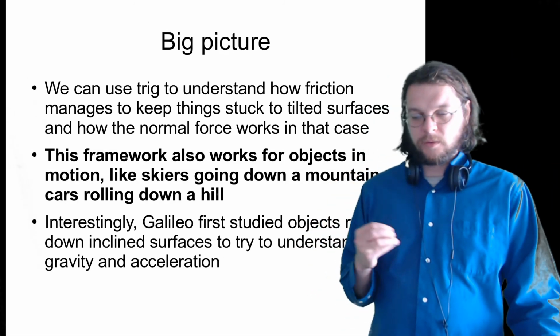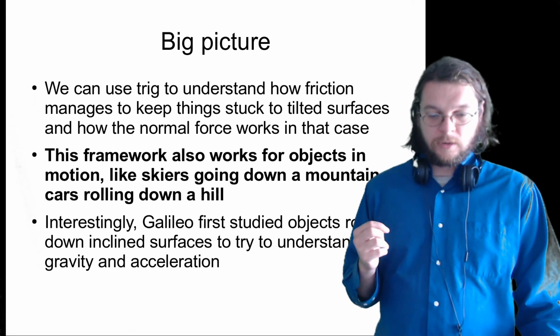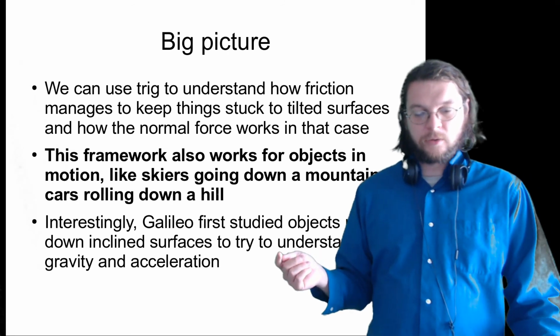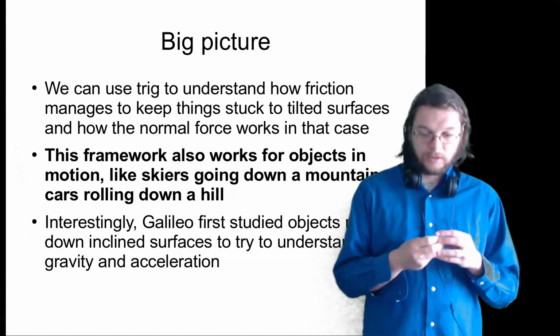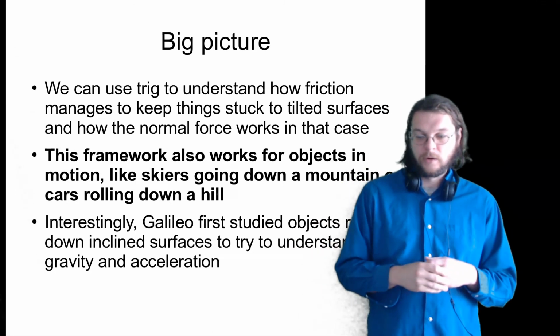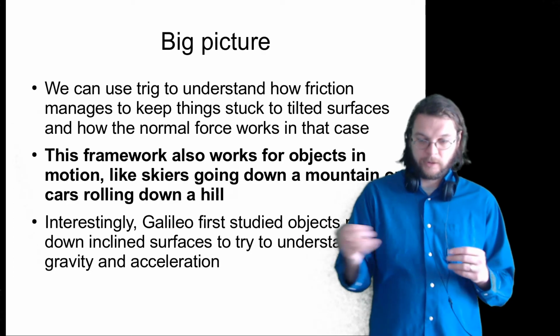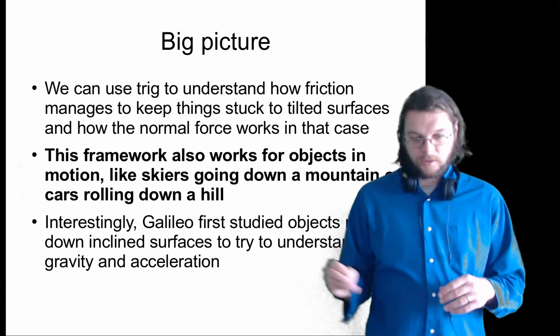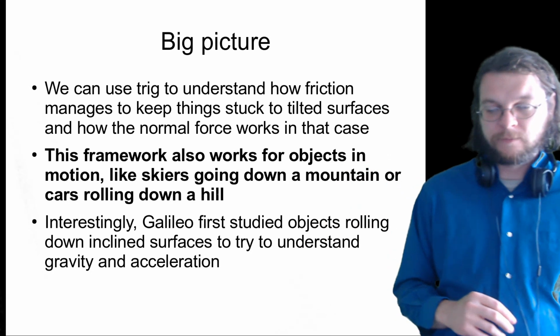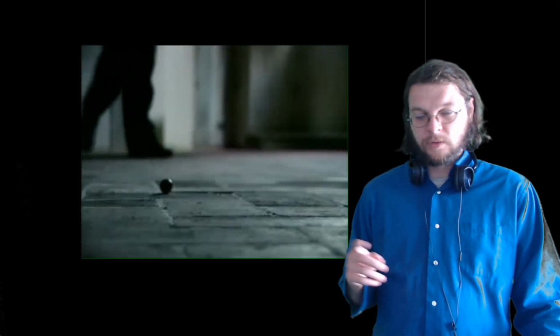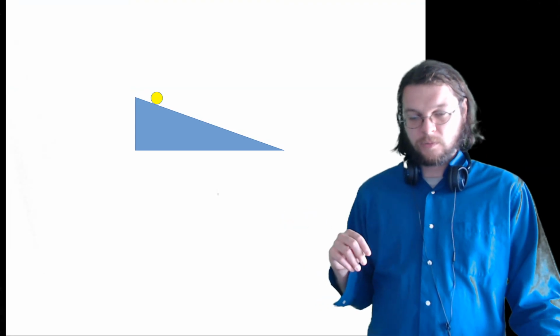A little bit of a vignette on the history of science. But basically, Galileo was the first person to realize that things accelerate according to this 1/2 at squared. And the way that he did it was with this device that had a little bell that would ring as the object rolled down this plane. So that's what the video is about. I'm going to skip that here, but it's fun to watch.